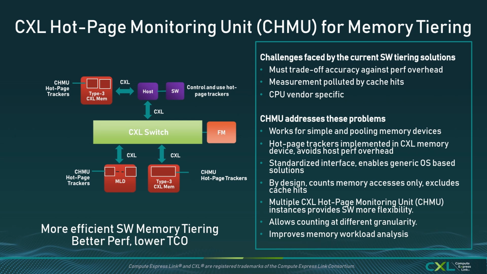Again, more flexibility is better. But in the end, this allows someone to improve the software tiering solution. It's more efficient, and that essentially means better performance and lower TCO, because now you can use your lower cost, or maybe lower performant devices as a second tier and hide all of that latency overhead from the application.